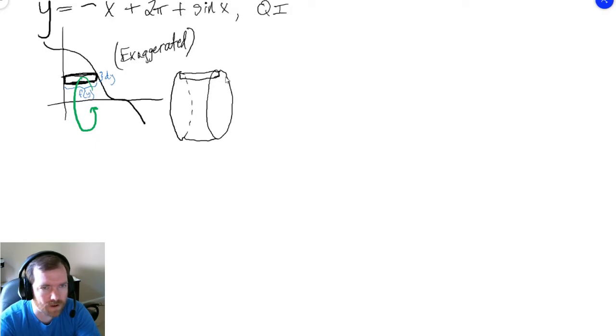Here we have our dy, and here our function of y. That's going to get us, again, this shell that goes all the way around.